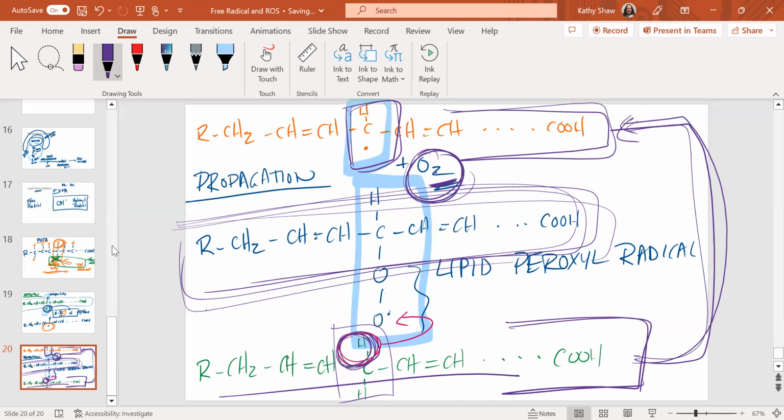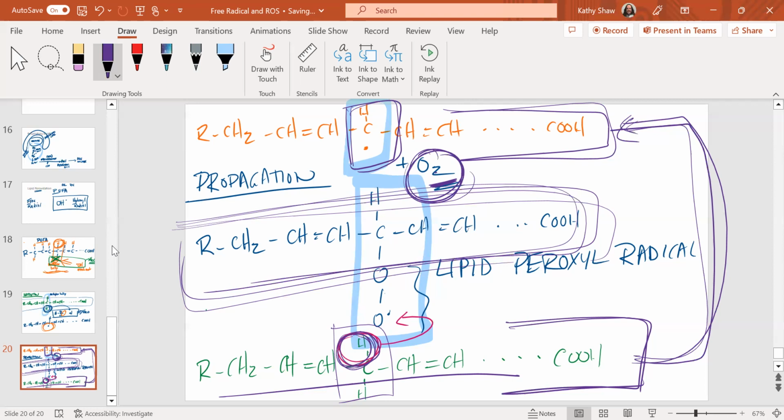So it's like, I got my wallet stolen, I steal somebody's, they steal somebody's. And that's our propagation. The cycle just continues like that. That's the damaging part of this whole thing. So we're going to do a termination step in a minute that shuts the whole thing down. But the problem is the damage is done by then.